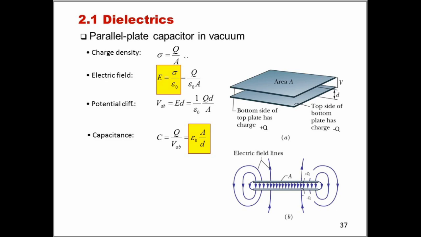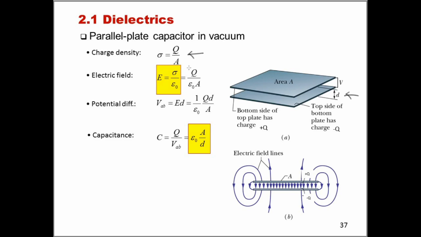First of all, let us define charge density. The parallel plate capacitor is, as we said, made of two metallic plates separated by a distance d. The area of the plate is A, so we can define the surface charge density sigma, which is Q, the amount of charge we placed on the plate, divided by the area of the plate.